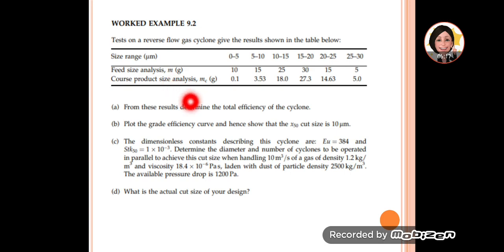From these results, determine the total efficiency of the cyclone, and then plot the grade efficiency curve to show the X50 cut size is 10 micrometer. Then we have to determine the diameter and number of cyclones to be operated in parallel. This one is similar to worked example 9.1. And what is the actual cut size of your design after the changes?